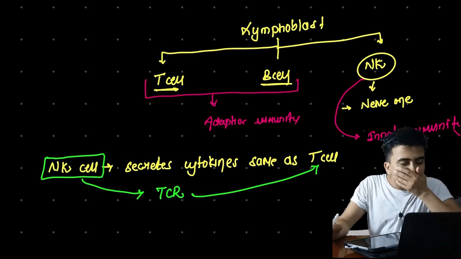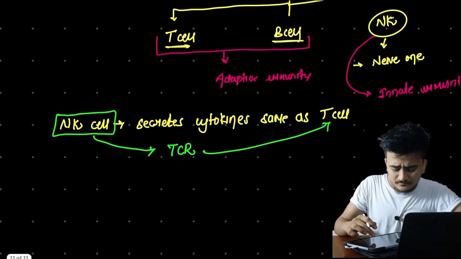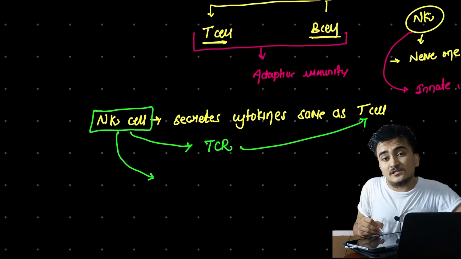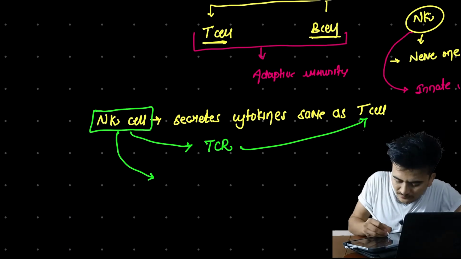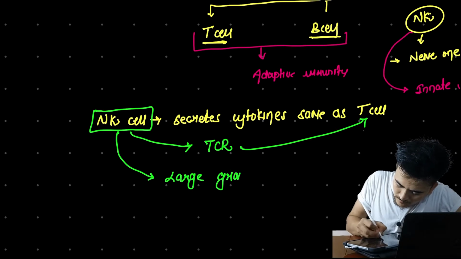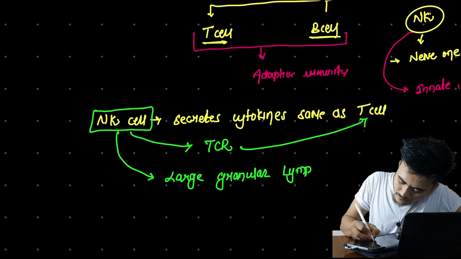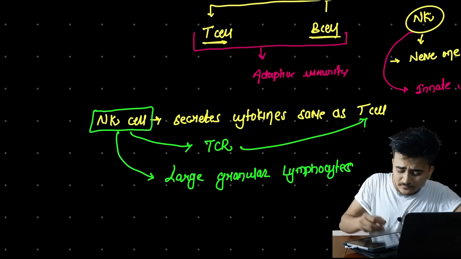Another important point is that some years ago, these NK cells were called large granular lymphocytes. Why were they called that?